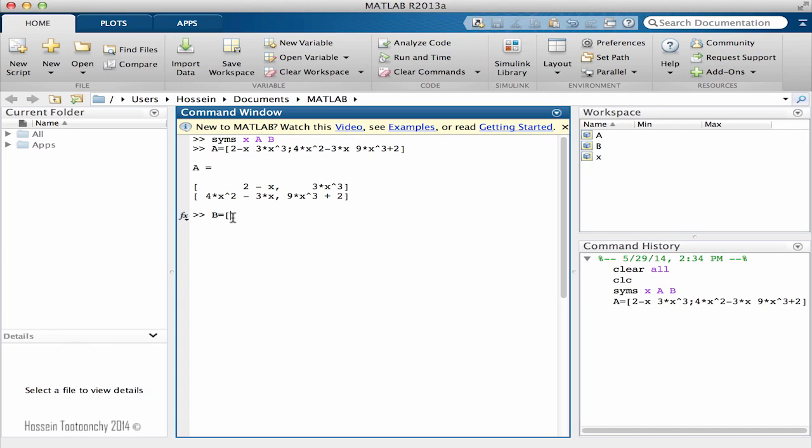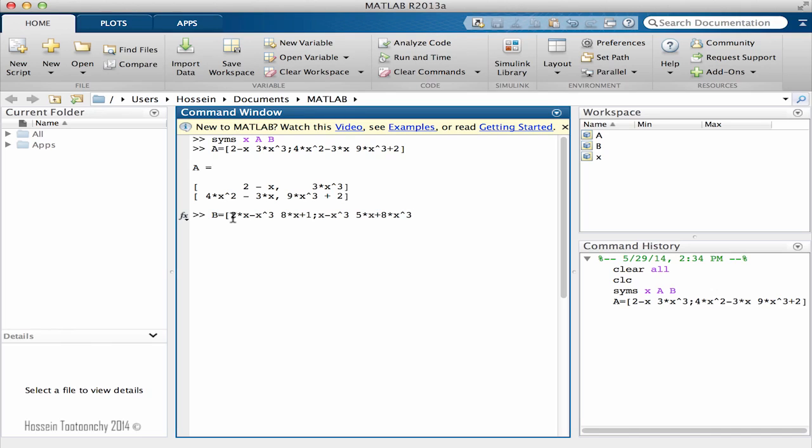So let me calculate B. 2x minus x cubed, 8x plus 1, and the second row is going to be x minus x cubed and 5x plus 8x cubed as well.